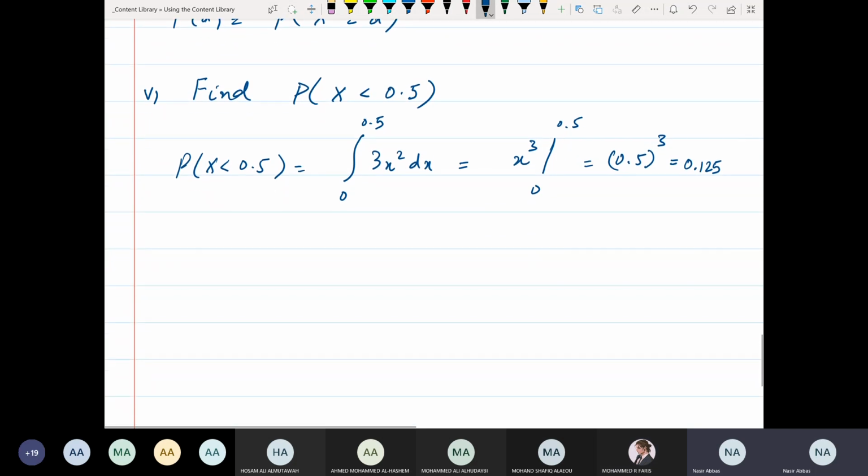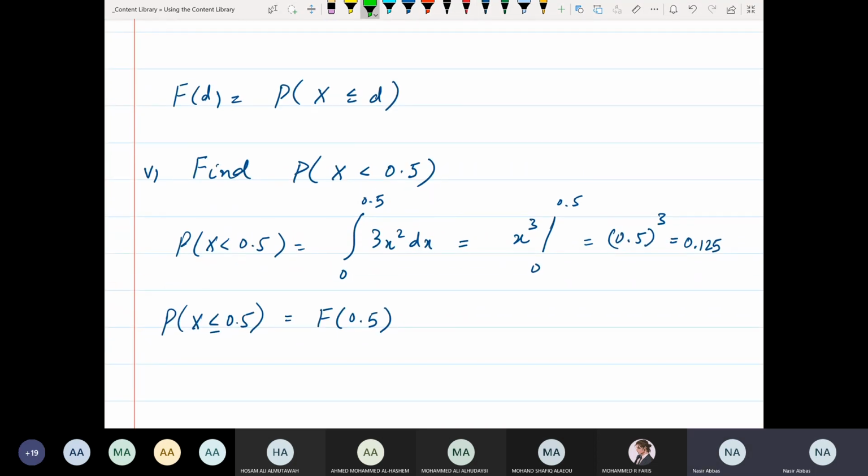Now I can find the same probability, the probability of X less than 0.5. I can also write it as the probability of X less than or equal to 0.5. By definition, this is capital F of 0.5. Look at the definition of capital F. Capital F at a specific point is what? It's the less than or equal to probability. So capital F of 0.5 can be written as the probability of X less than or equal to 0.5 and vice versa.